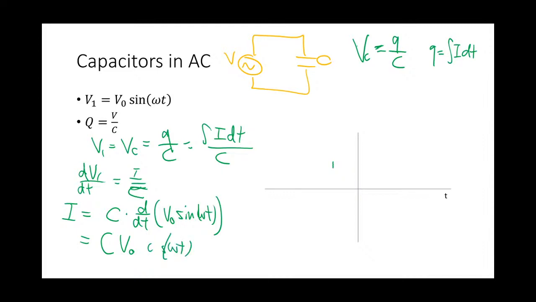Sine becomes a cosine, right? Cosine. But don't forget the chain rule, you have to multiply an omega in front.